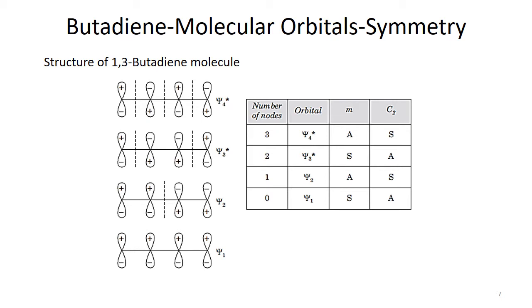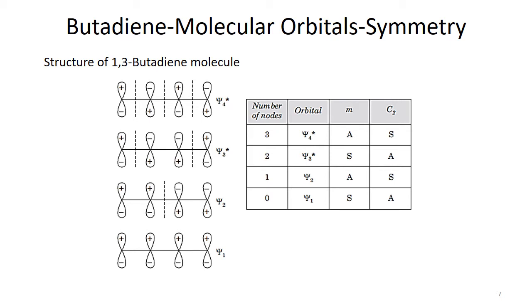But when we talk about the C2 axis, even if we had the center of symmetry, the symmetrical or asymmetrical designation stays the same. Coming back to C2, in the psi1 case, if you rotate it by 180 degrees, the negative lobes will be up and positive will be down, so it is asymmetric.